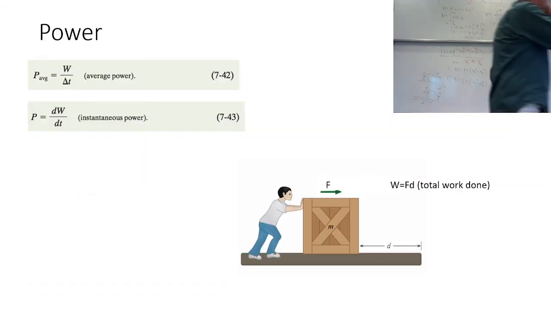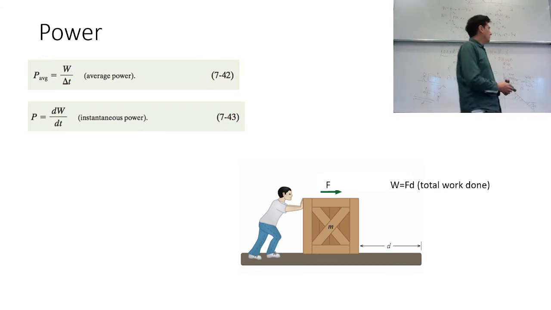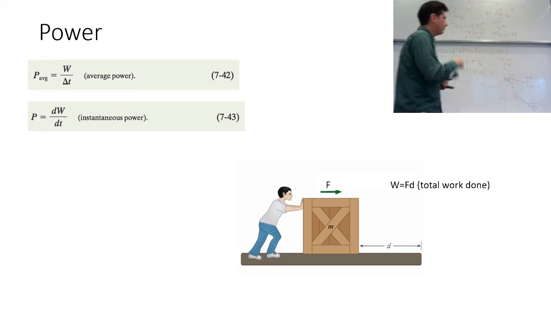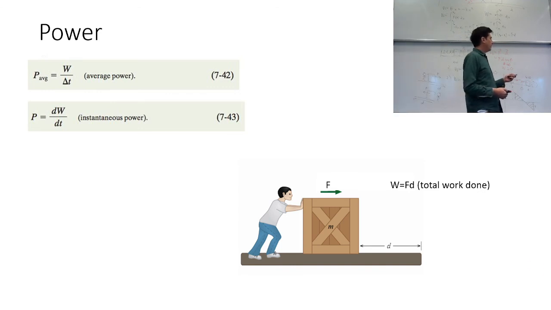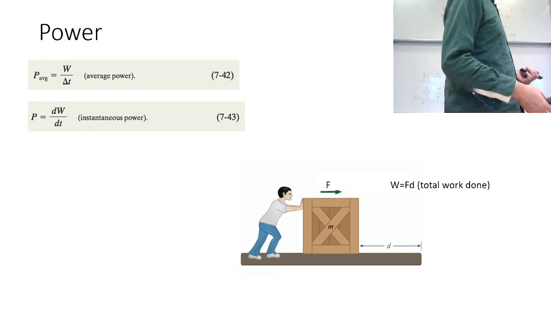Oh yeah, sorry, just to finish off, these are just more or less definitions. Power is basically the rate at which work is being done. So it's the work divided by the time interval. You can also talk about an average power, which is the work done divided by the time, and the units of power are watts.